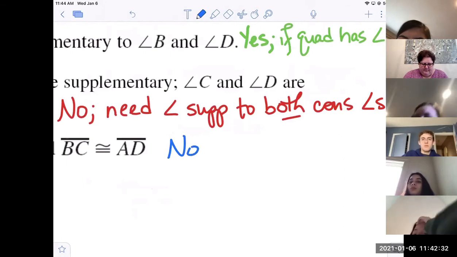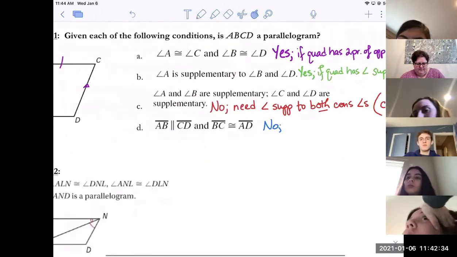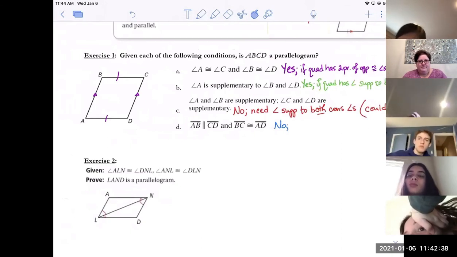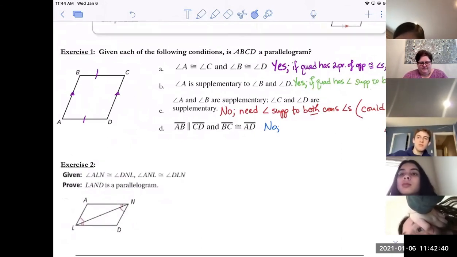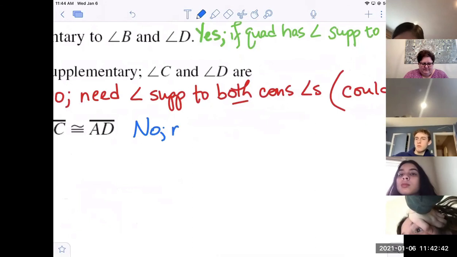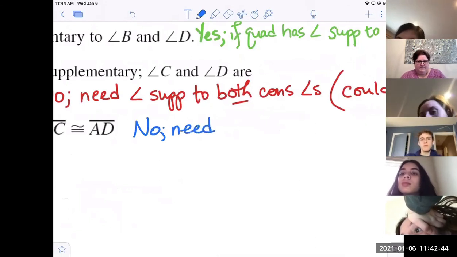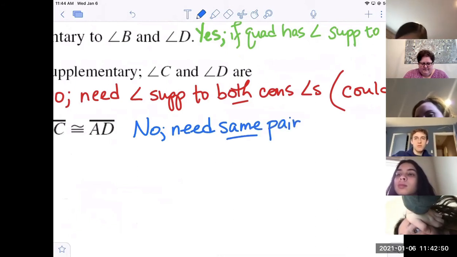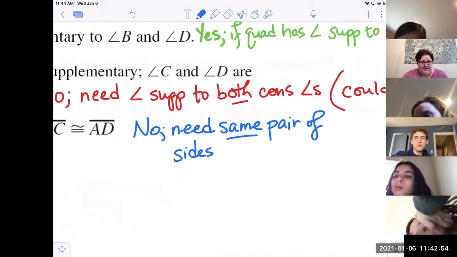Well, wouldn't you need for each side to be congruent and parallel to its opposite side, instead of just one or the other? You need both pairs to be congruent and parallel. The same pair of sides, parallel and congruent.